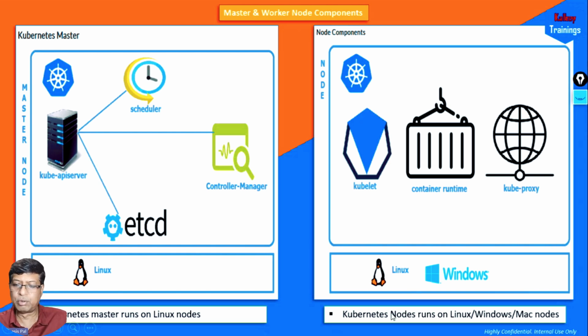So Kubernetes nodes can run on Linux, Windows, or Mac nodes. Kubernetes master runs on Linux nodes most of the time, because if you are in a company which does not have a Kubernetes master running on a Linux machine on a cloud or on premise, then it's a small company. It is not even medium sized.